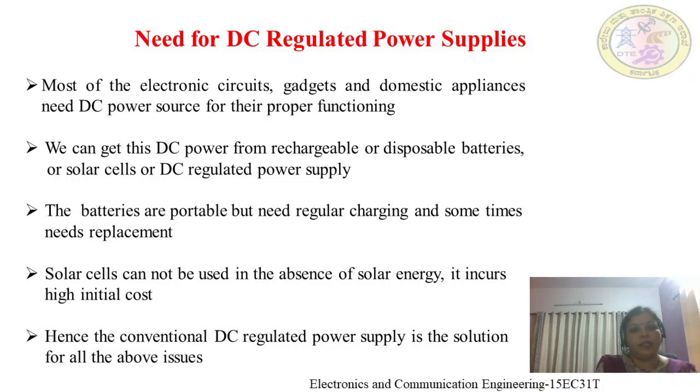The need for DC regulated power is the requirement of a power source for some gadgets and circuitries that depend on DC power as a source of energy. So ultimately there are a variety of options like batteries and solar cells, but the best and most widely used option is the conventional DC regulated power supply.